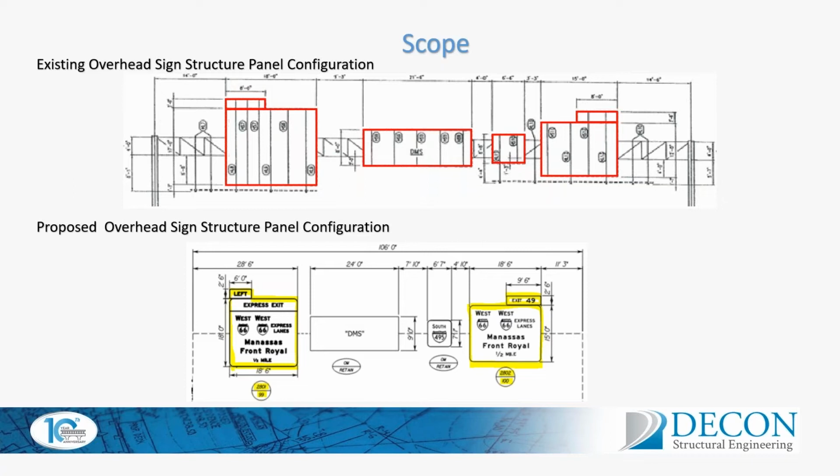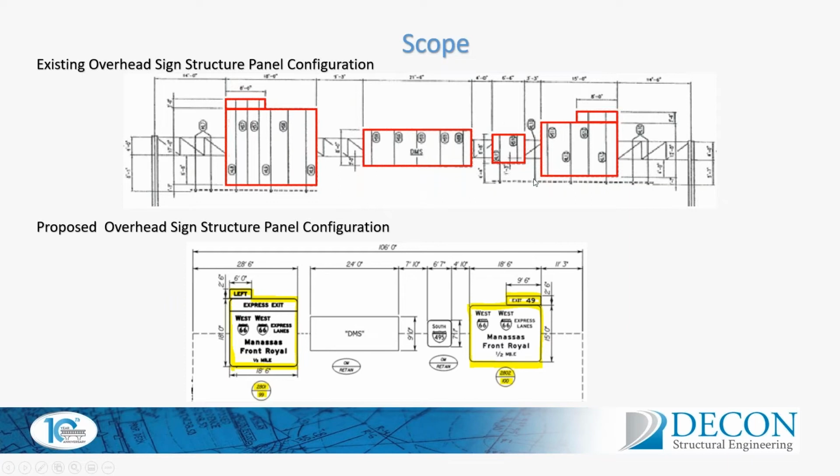So basically, the scope was developed based on a requirement in the contract technical requirements that states that the developer, if they intend to keep using some of the overhead sign structures that were there in the project, needs to develop and present a structural analysis with the new configuration of the panels for the signals that are going to be used, in order to prove the feasibility of using them, obviously from the safety standpoint and the structural integrity of those elements.